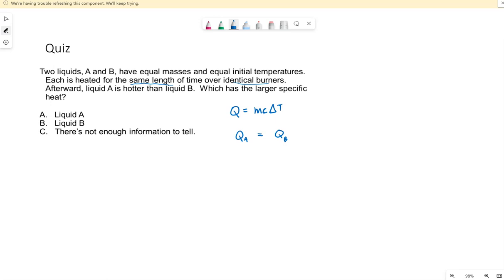So we're comparing the mc delta T, essentially. We can say the mass of material A, C, the specific heat of material A, times the delta T, the change in temperature this material goes through, has to equal mc delta T for material B.